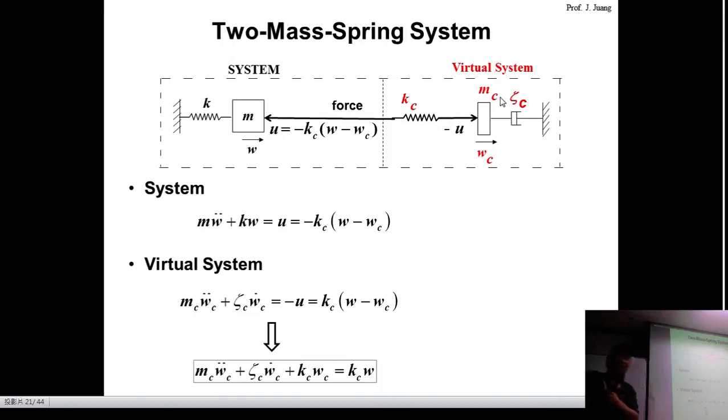Any questions? Teacher, you just said that WC is calculated by integration? Yes, WC is calculated by integration. If we have this input, we can integrate these equations. All right. Any differential equation you can integrate if you give the initial conditions WC and WC dot, and then you give them the input.